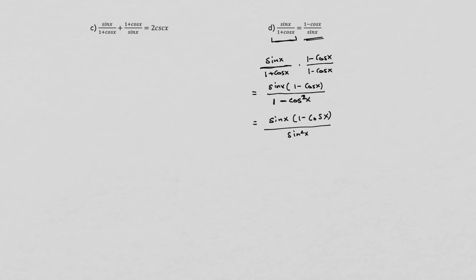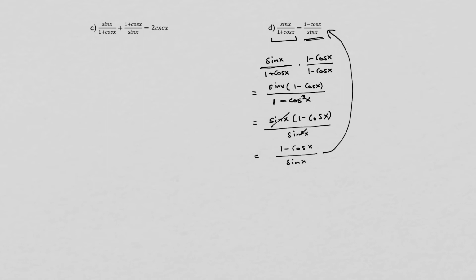That means I create a common factor here, and just cancel out. I had 2 sine x on the denominator, so only one will cancel out. I will get 1 minus cosine x over sine x remaining, which is going to be the other side of the equation.